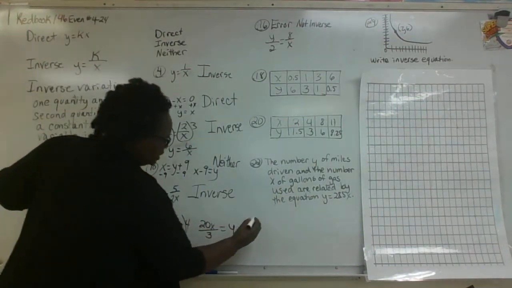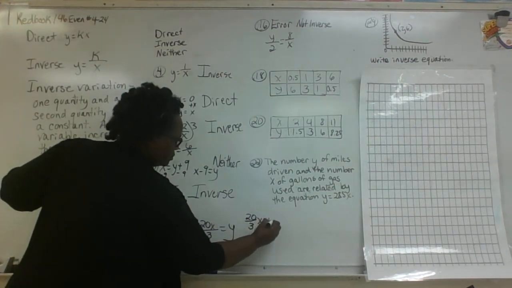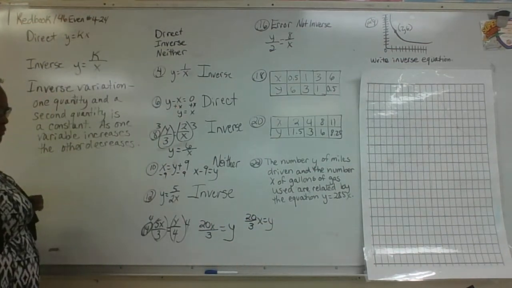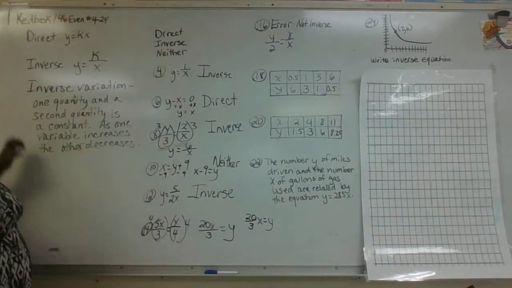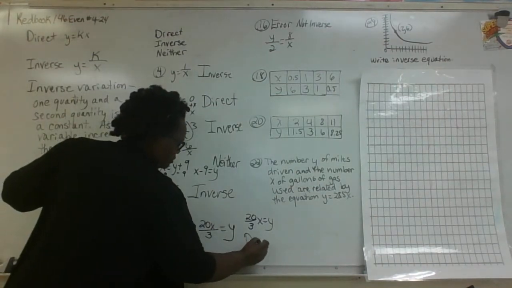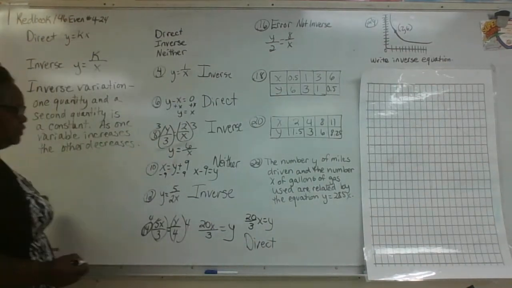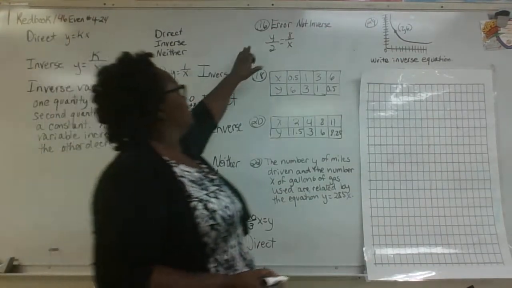Well, it's possible because it can be written like this. And so, since it can be done that way, we make the conclusion that this is a direct variation.